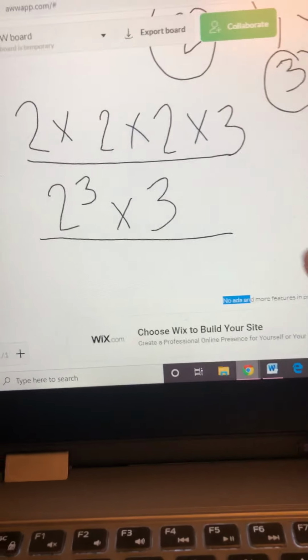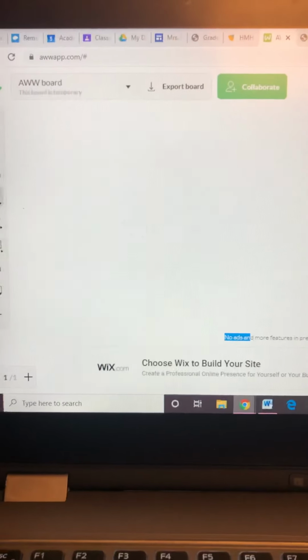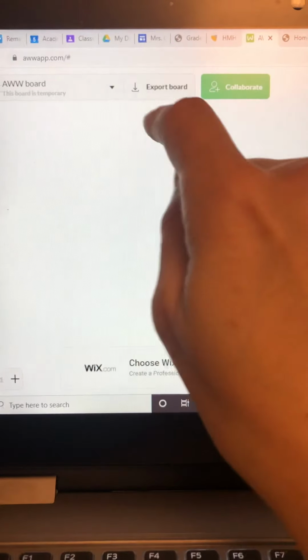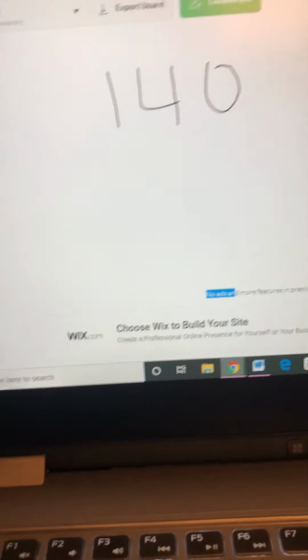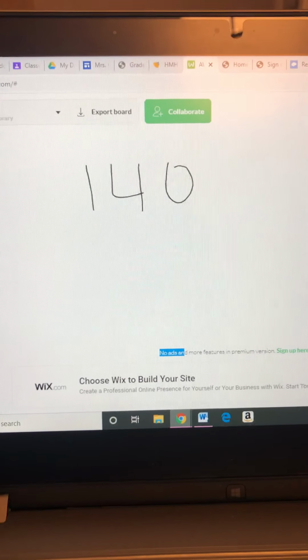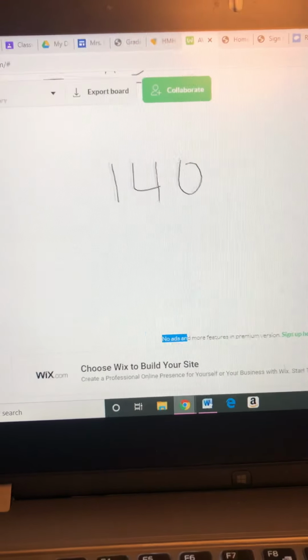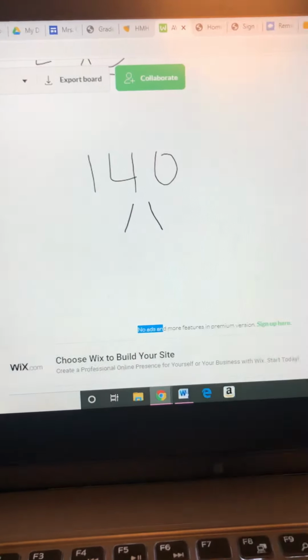Let's do another example. Let's say that we had a bigger number, such as 140. Okay, because you are going to see those in your classwork. You're going to think of 2 factors that equal 140.